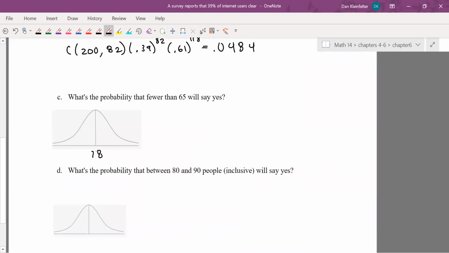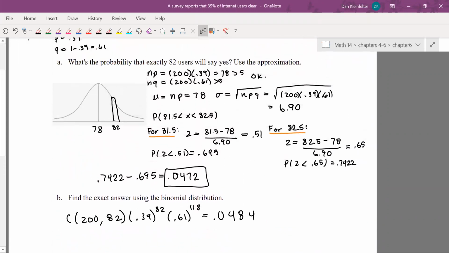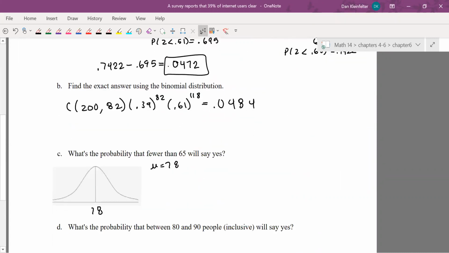Again, here our mean was 78. We had calculated that back here in part A. Our mean was 78, our standard deviation was 6.90. We want to be fewer than 65. Fewer than 65 is actually 64 or less.